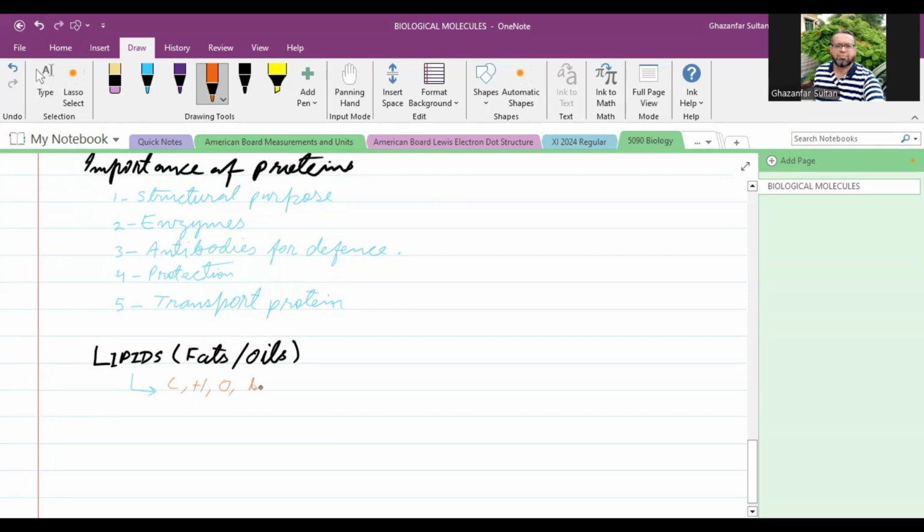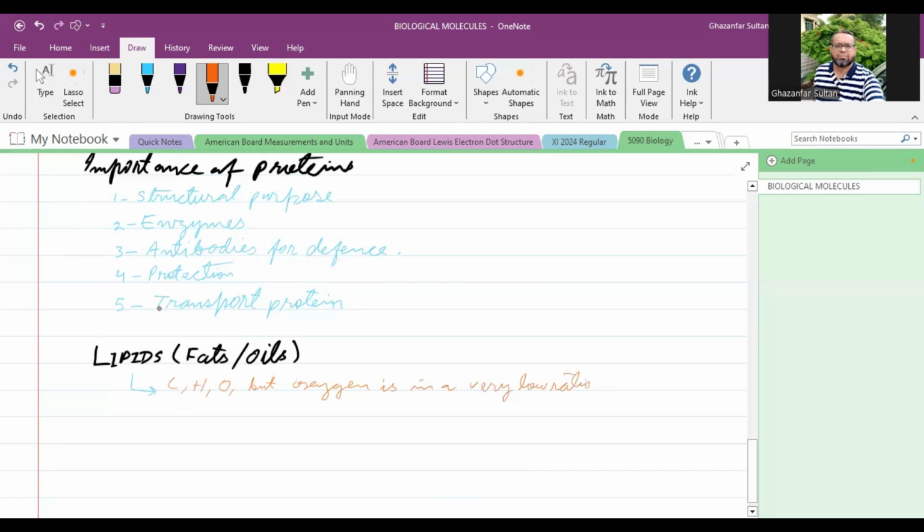But oxygen is in very small quantity, in a very low ratio. Okay.